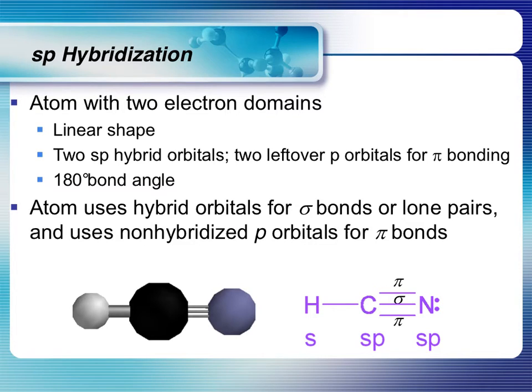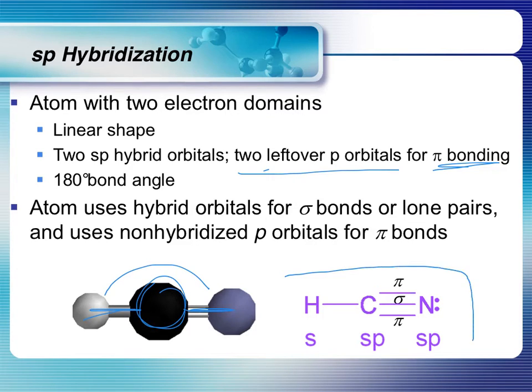So what can we say about sp hybridization? It takes place when you have a central atom with two electron domains. There's always a linear shape, 180-degree bond angle. There are two leftover p orbitals for pi bonding with sp hybridization.